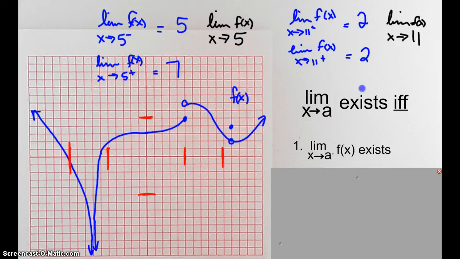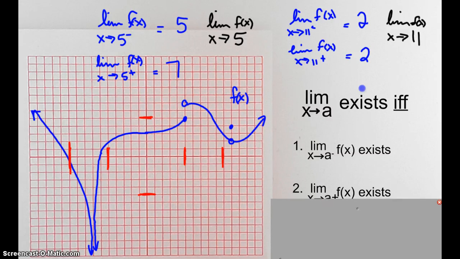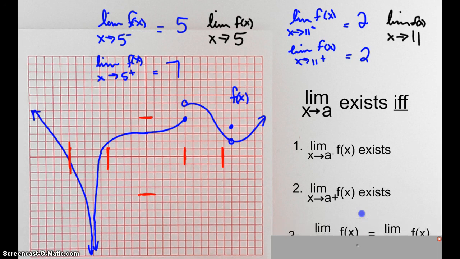That the limit from the left exists, that the limit from the right exists, and we've seen in both of the blue writing up here that both of those first two conditions are met. And the third condition is that those two limits from the left and from the right have to equal each other.